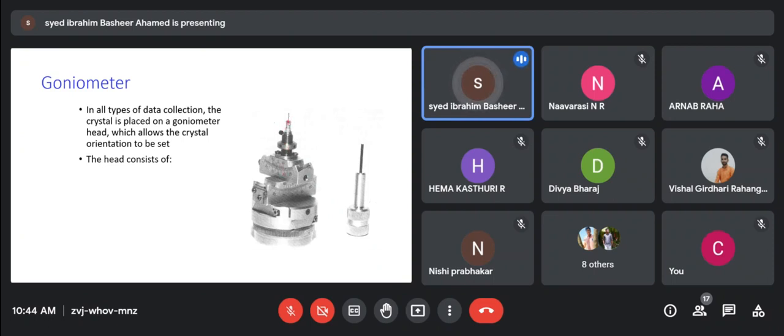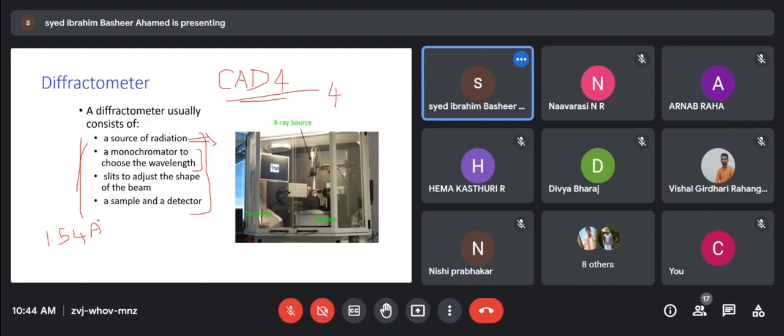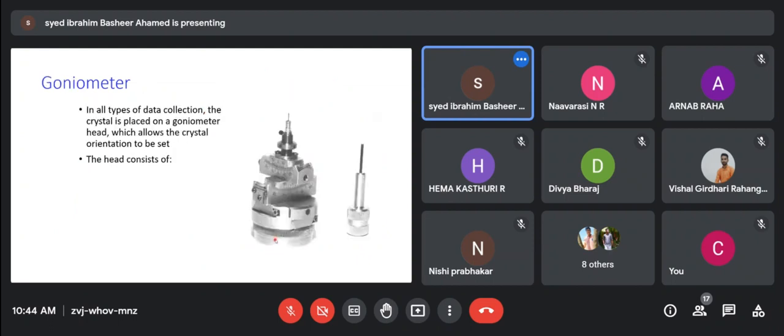Actually it helps you to have a rotation of the crystal. This entire goniometer head is here, where it says sample. In all types of data collection, the crystal is placed on the goniometer head, which allows the crystal orientation to be set.